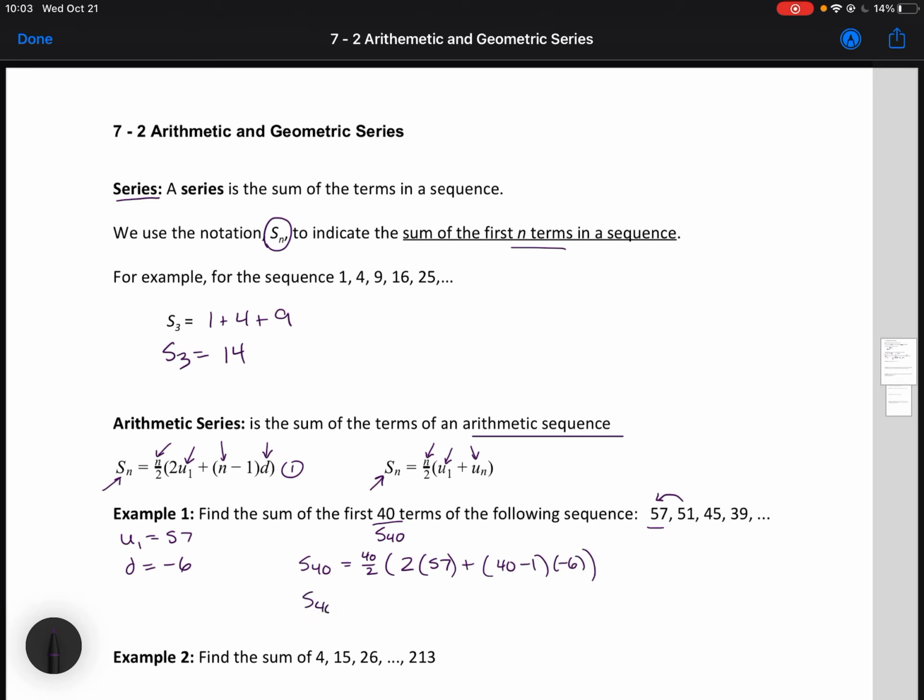Then I can use my calculator. Inside my brackets, I've got 2 times 57 plus 39 times minus 6. Then I multiply that by 40 divided by 2, which is 20. And so I find out that the sum of my first 40 terms is going to be minus 2,400.